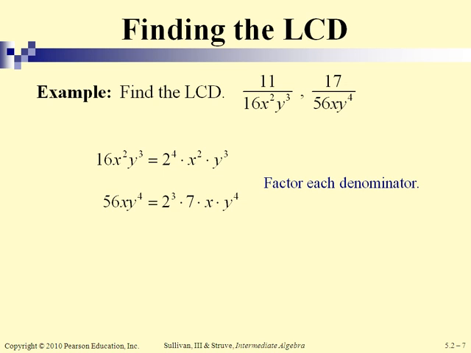You tell us, what is the LCD? It's 2 to the power 4 because you are choosing the highest exponent, right? And then times what? 7. Thank you. You need the 7, right? Because otherwise, it's not a common multiple. Okay, 7 to the power what? 1. You don't have 7 here.